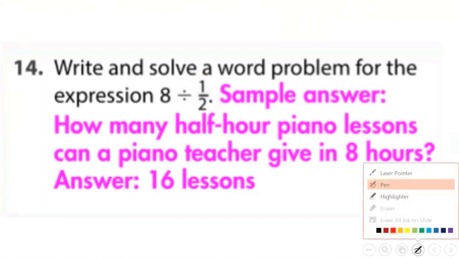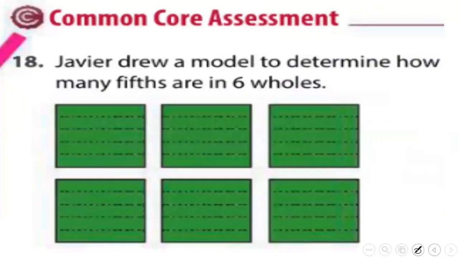It will be the Common Core assessment. Javier drew a model to determine how many fifths are in six wholes. So each one whole is divided into one, two, three, four, five parts, because fifths equal 1 over 5.